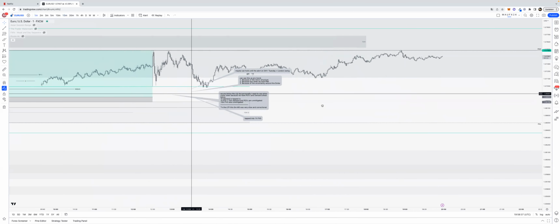Look at that. Equals 9.01. It's a structure entry. So total risk to reward would be 5.2% on this trade. Beautiful. Now let's take that off.